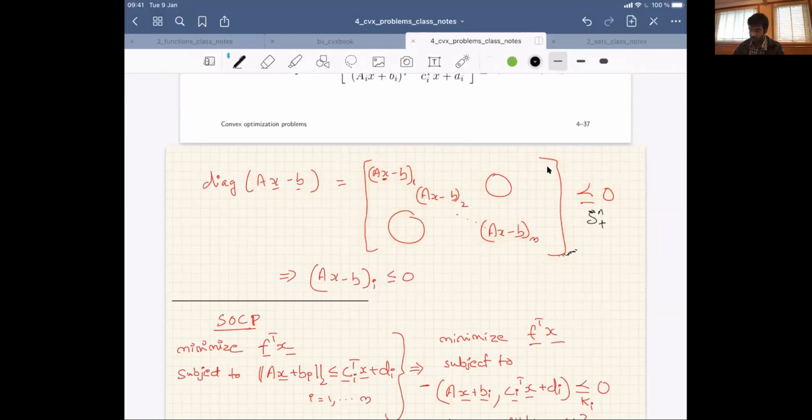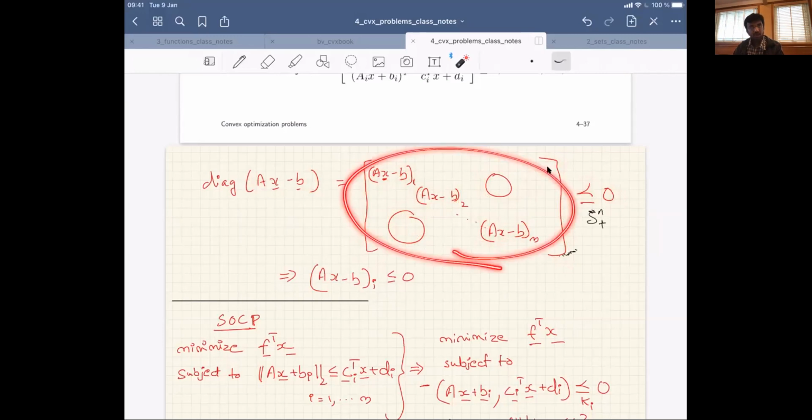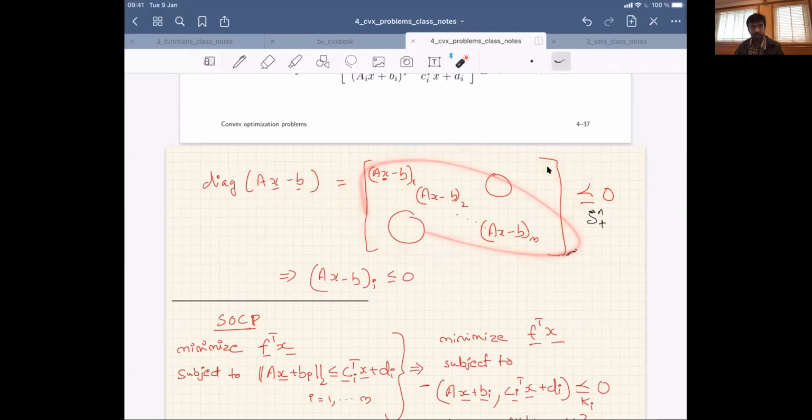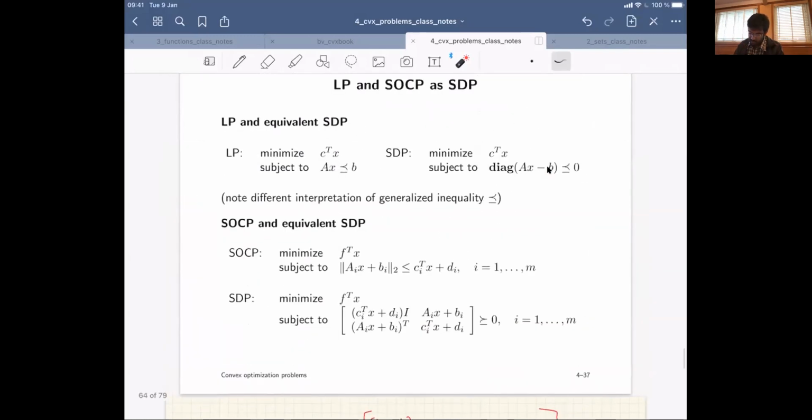This means the matrix has all its eigenvalues less than or equal to 0. For a diagonal matrix, this happens only when the diagonal entries are less than or equal to 0. So this is less than 0, this is less than 0, this is less than 0.